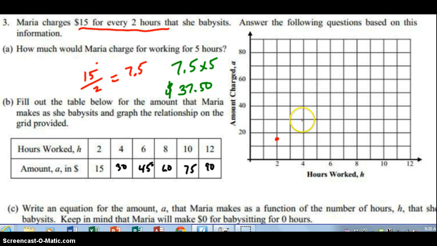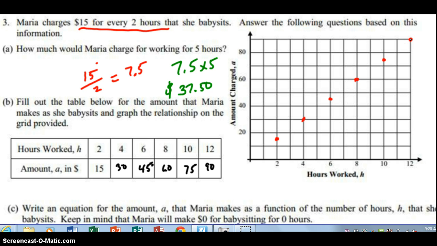After 4 hours, it's going to be 30. After 6 hours, it's going to be 45. After 8 hours, it's going to be 60. After 10 hours, it's going to be 75. And after 12 hours, it's going to be 90.